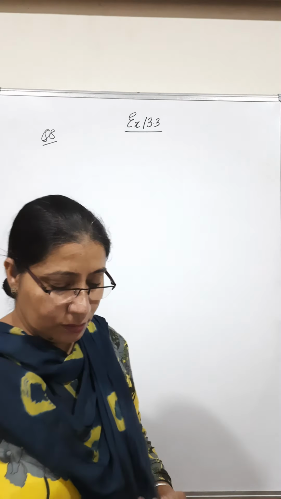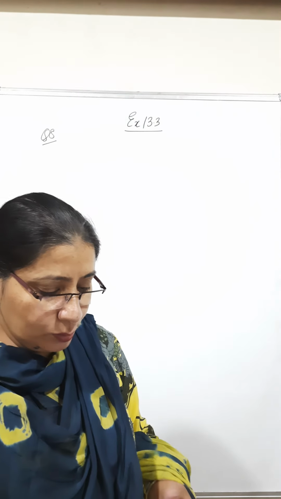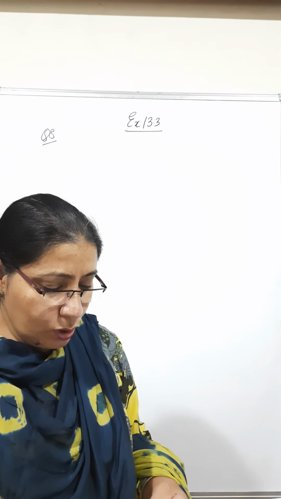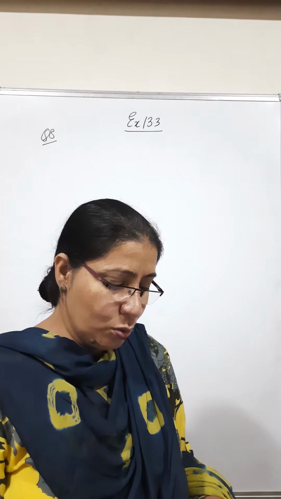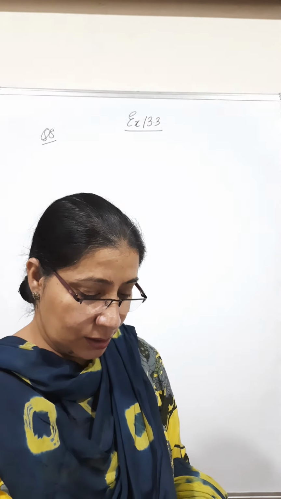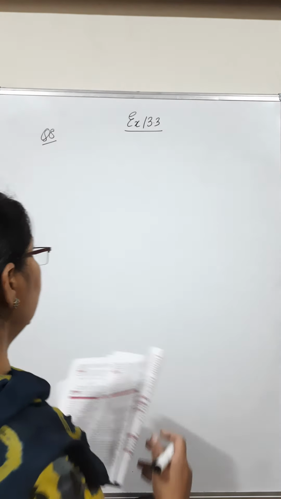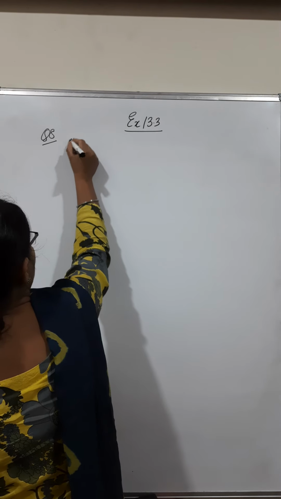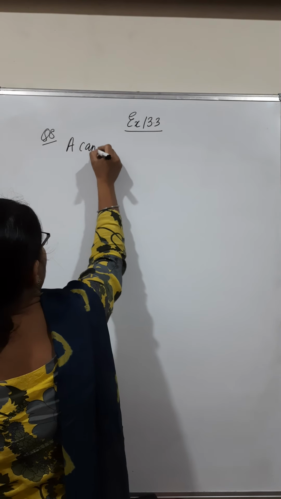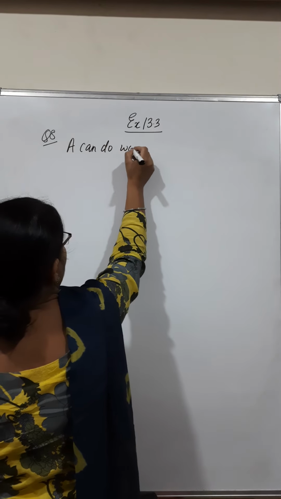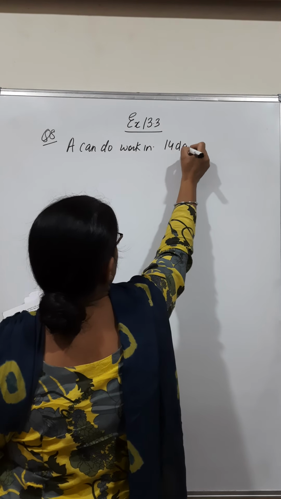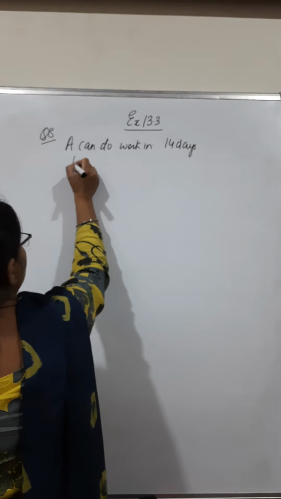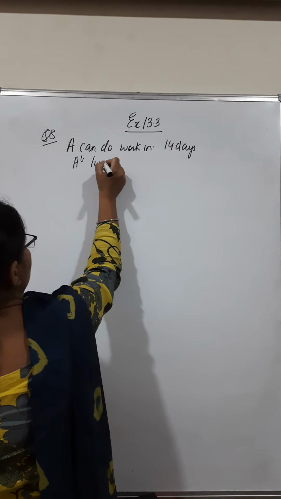हाँ जी बेटा. So here we are on the 8th question. A can do a piece of work in 14 days, which B can do in 21 days. So, what is the time taken by A to do a work? A can do work in 14 days. So, what is A's one day work?